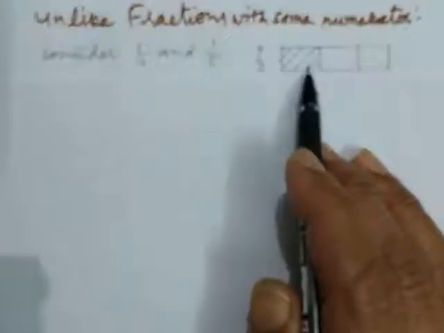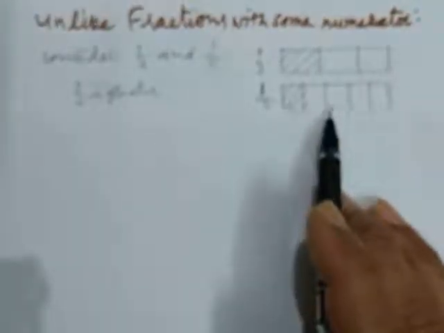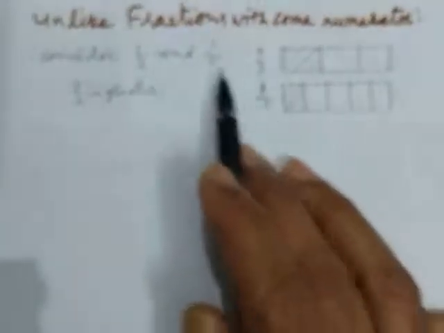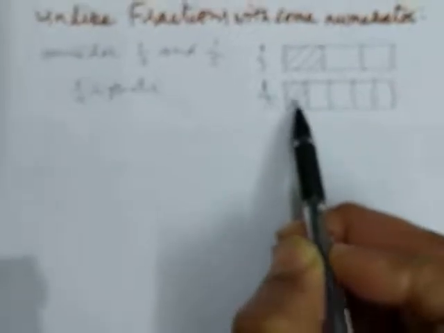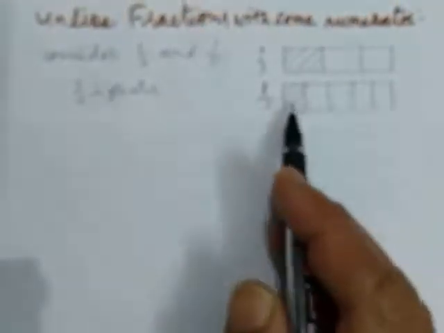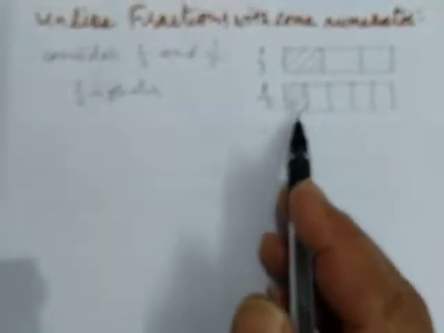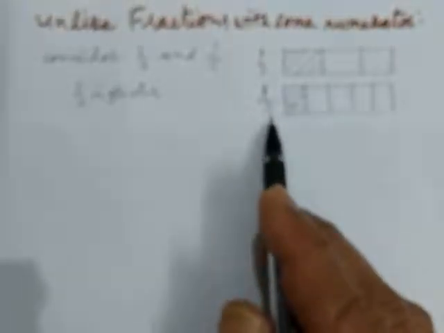This is the 1, so this is 1 by 3. And 1 by 5: first we have 5 parts as a whole and we have to consider 1 part. So this is 1 by 5. Okay? Both are unlike fractions, but their numerators are the same.